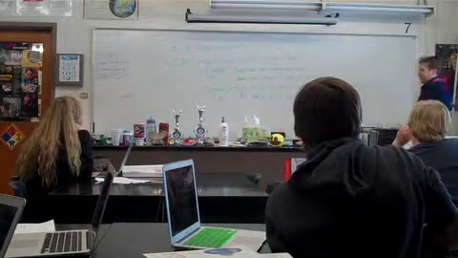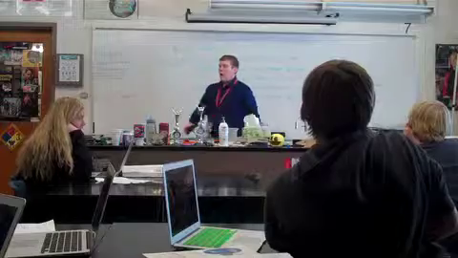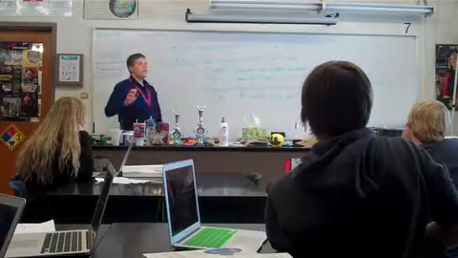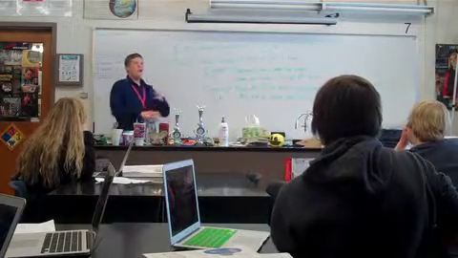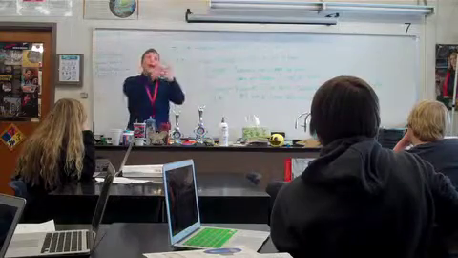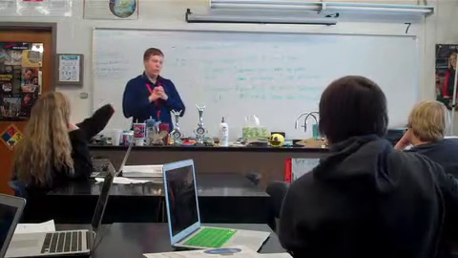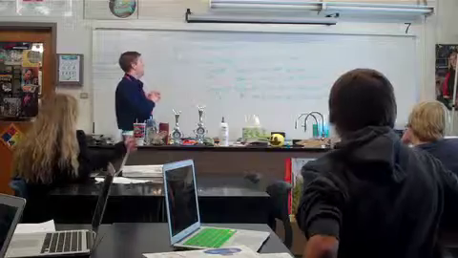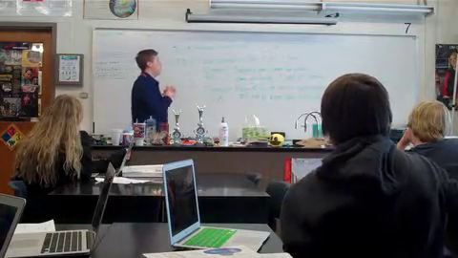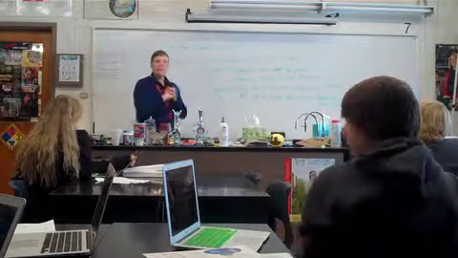Here's the thing about it. What makes it a pure substance is the fact that you have two or more things combined together. But a pure substance is made of one thing. They took two pure substances and then just mashed them together.